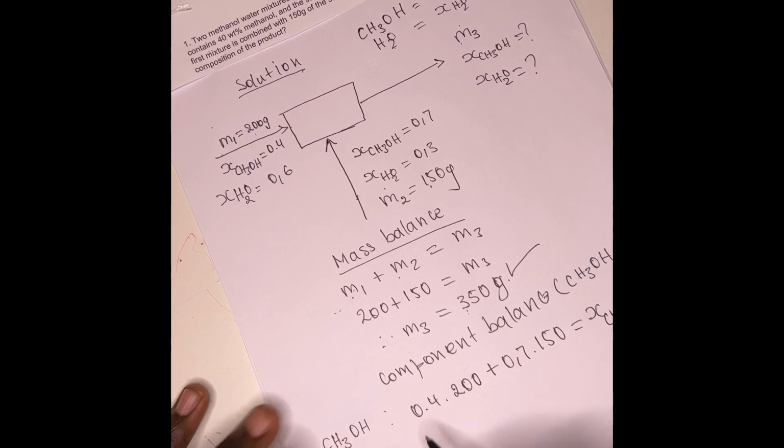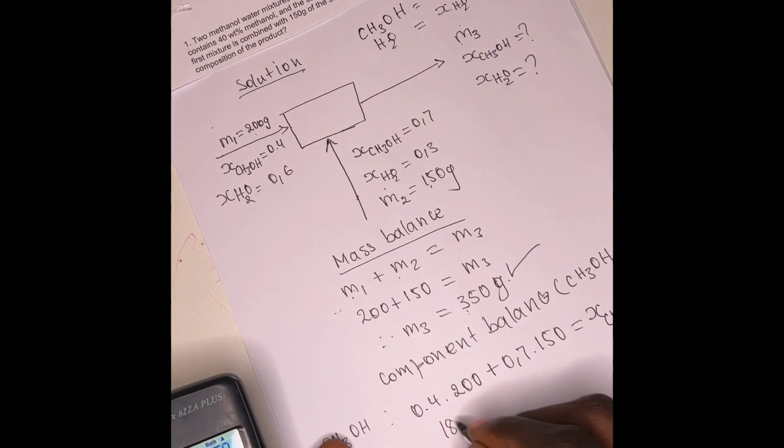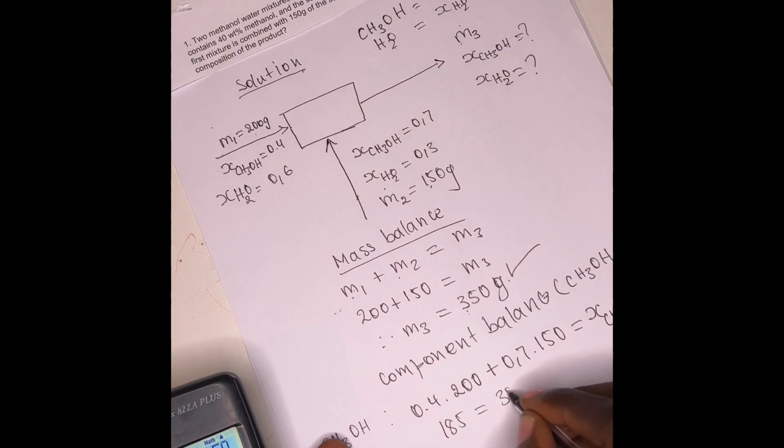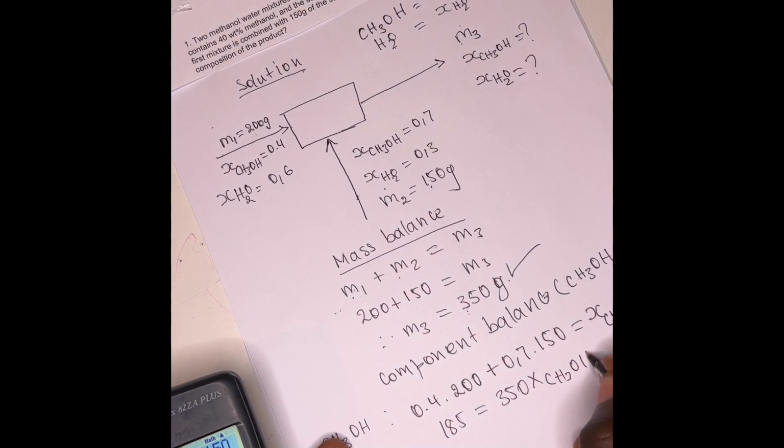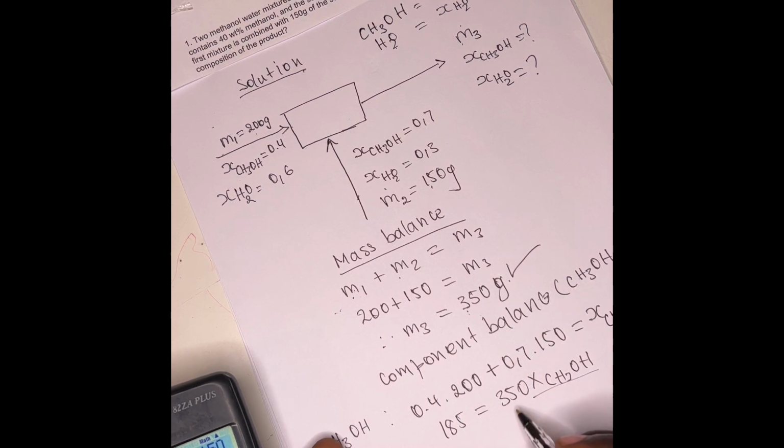And then from here we can just take the calculator. We have 0.4 times 200 plus 0.7 times 150. So we're going to find 185 equal to 350 times x of CH3OH like this. And then we need to solve this. We just divide both sides by 350.